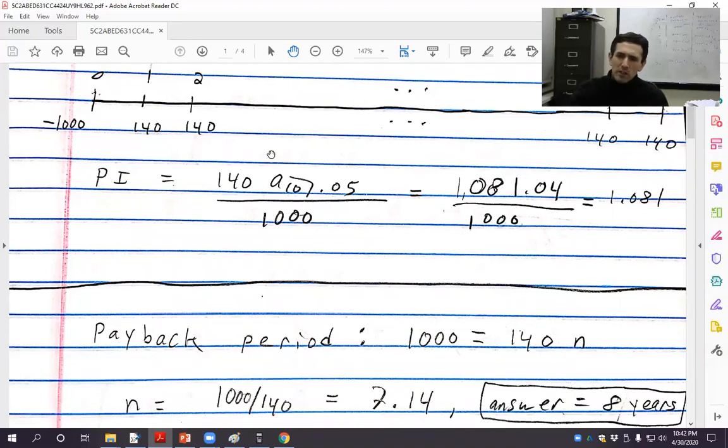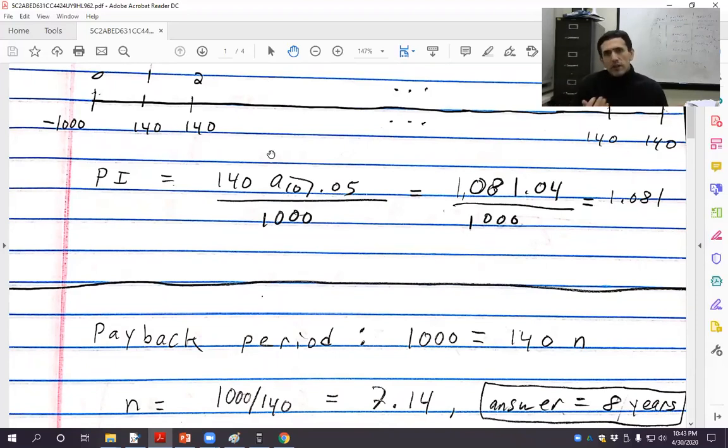So what do you really want to know? You really want to know when you finally make a profit relative to foregoing the project and investing your $1,000 into an account earning some interest rate, with the assumption that when you get your 140 in, you're also investing it in this account.